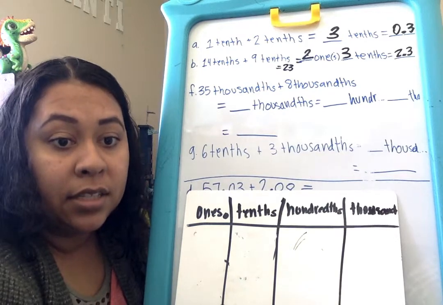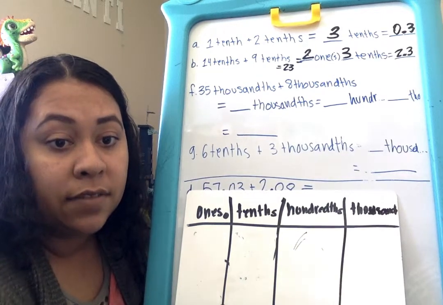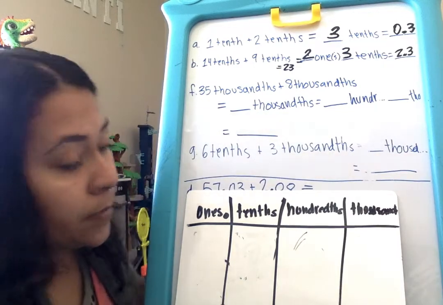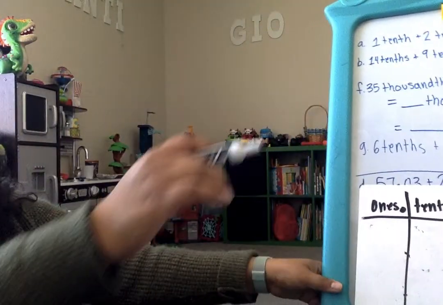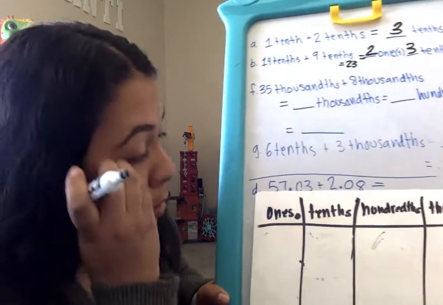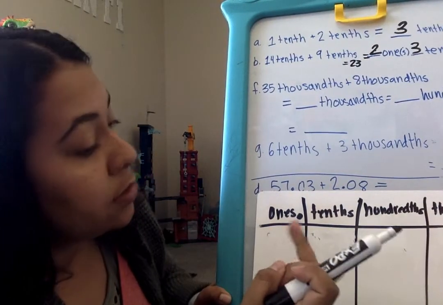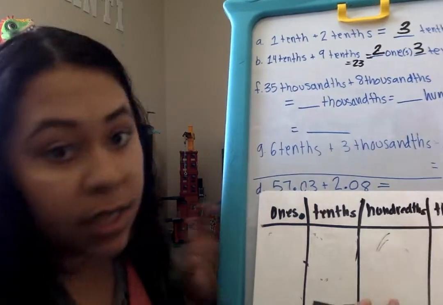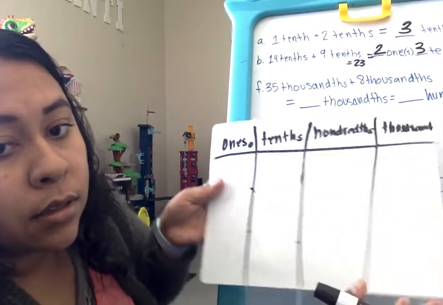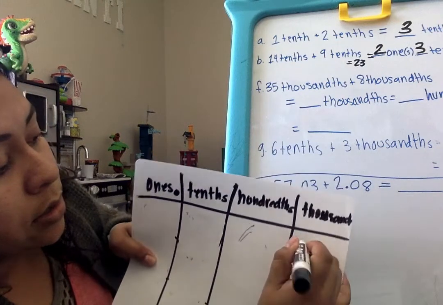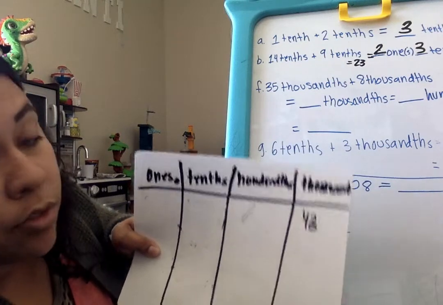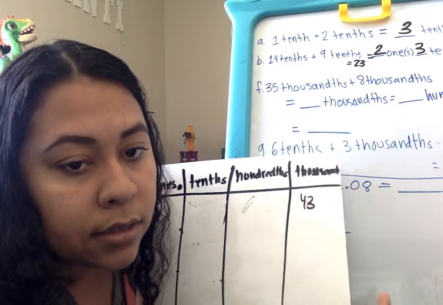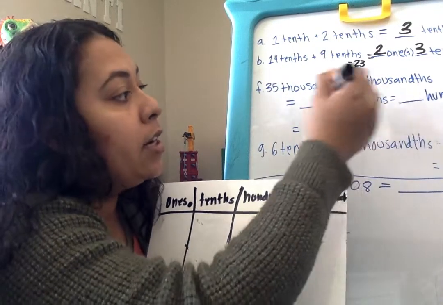So that would give us 35, 36, 37, 38, 39, 40, 41, 42, 43. So that would be 43 thousandths. Okay, so you can write right here 43 thousandths. And then plug that in for your blank right here.